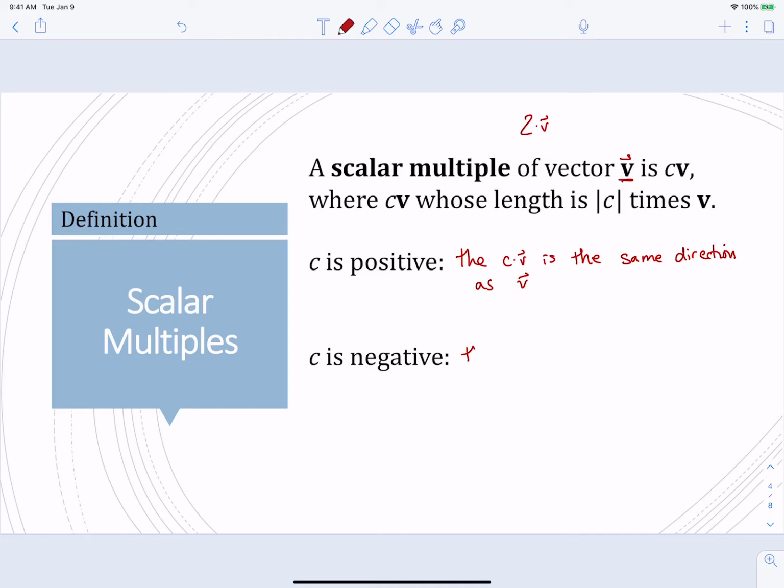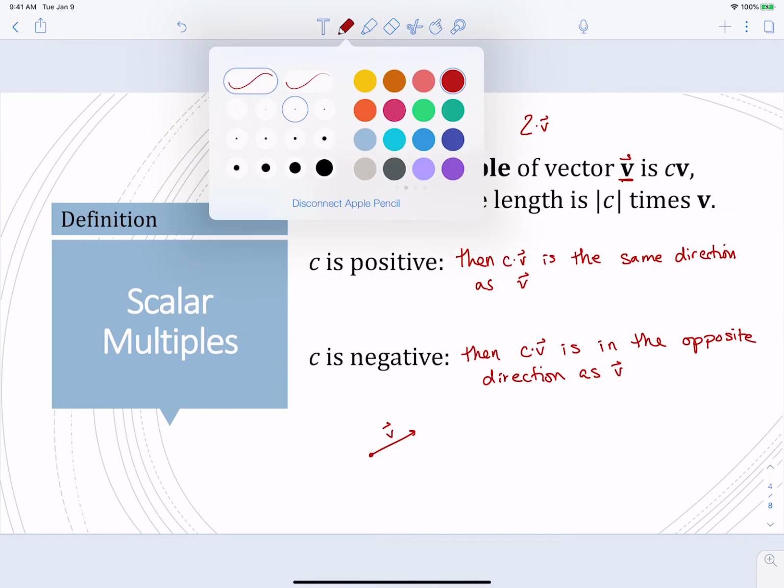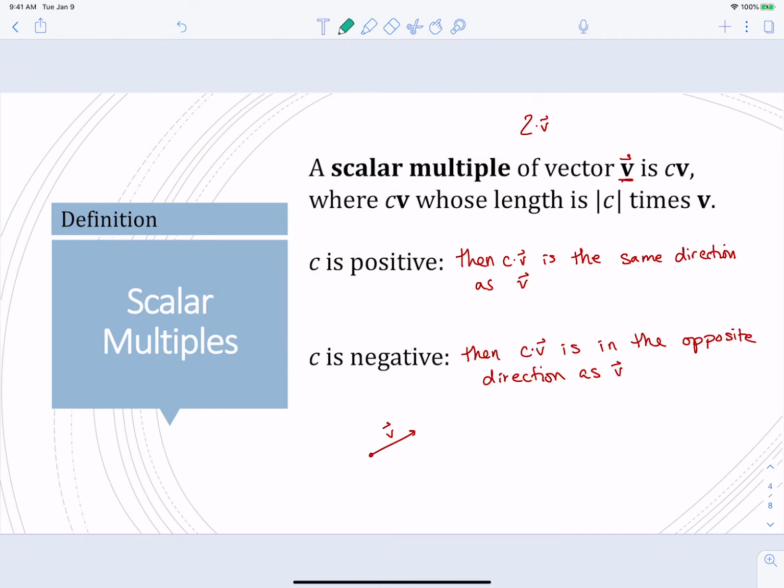If c is negative, then c times v is in the opposite direction as v. So if we had a vector v right there, and then we did -1 times that, it would go the exact opposite direction.